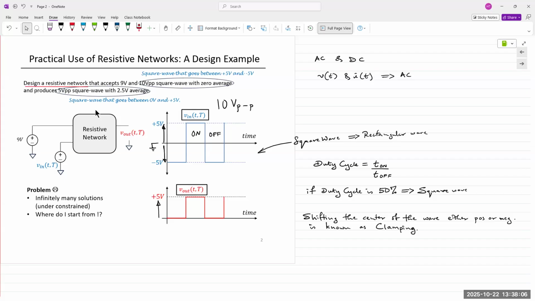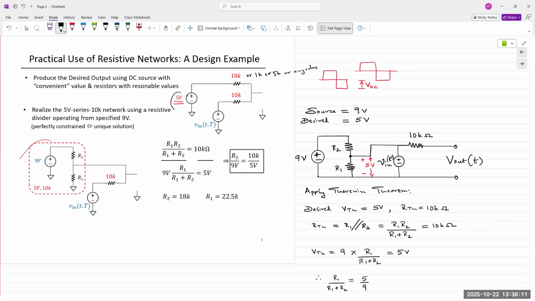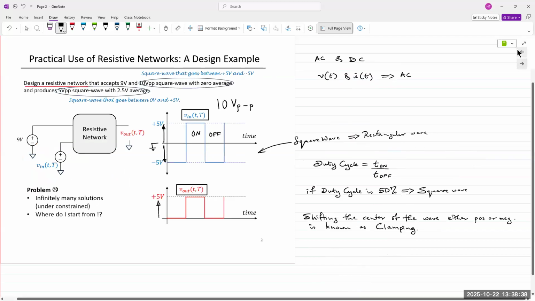I'm confused. Oh, how do we know that we desire this as 5 volts? That's a good question. There's a problem statement in the design, but how do we know that we need exactly 5 volts at the output? So working backwards, let's see.